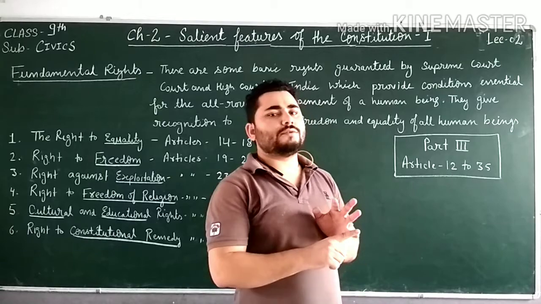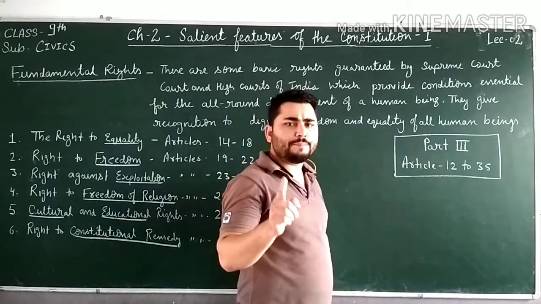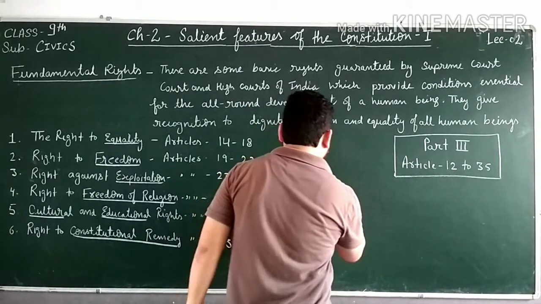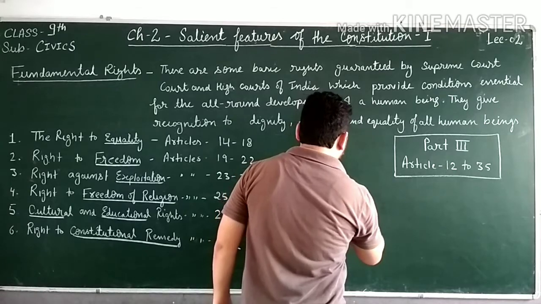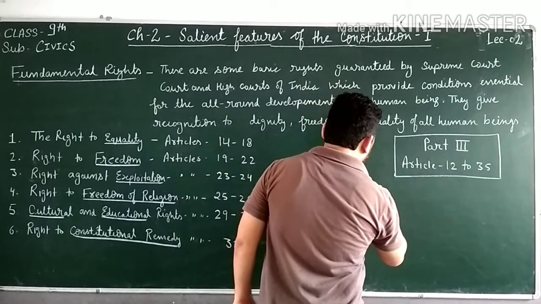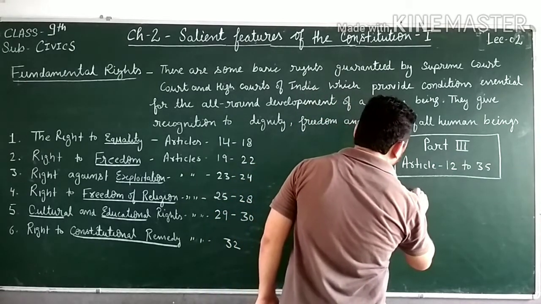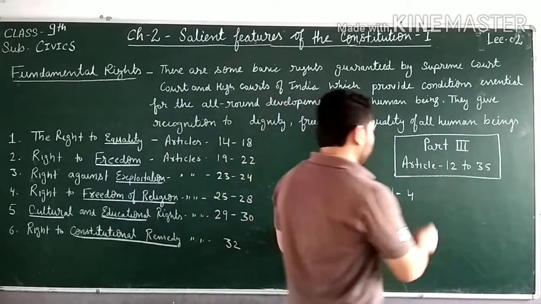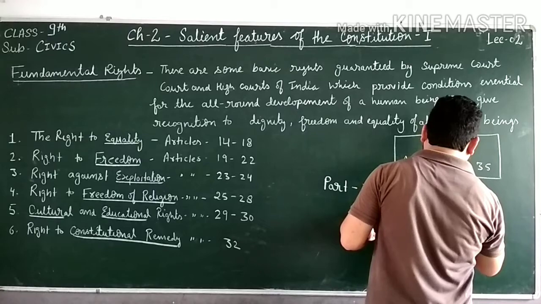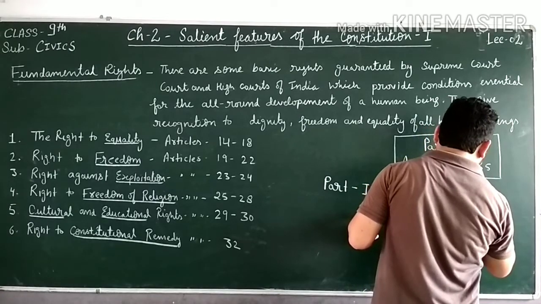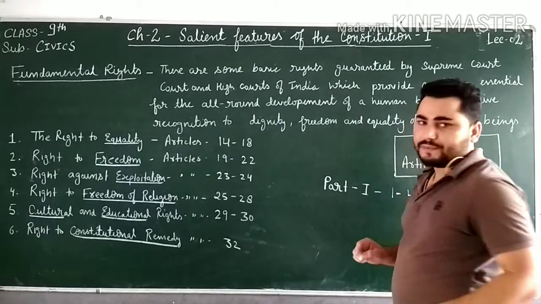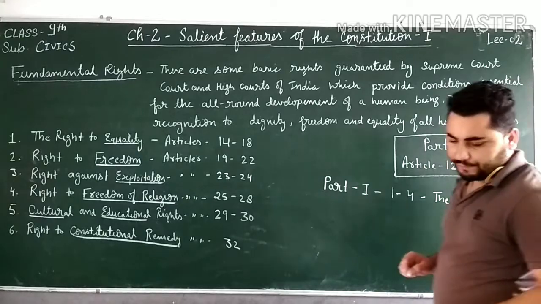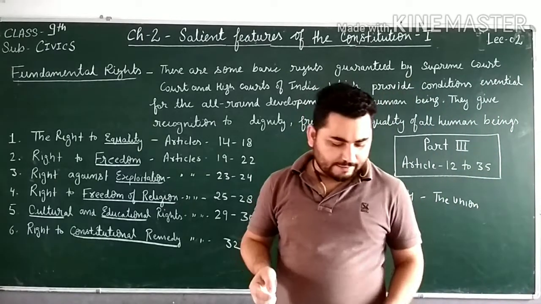That is, in part 1 of the constitution, from article 1 to 4, it deals with the union and its territory, or you can say the state and its territory. Right now, what does that mean?